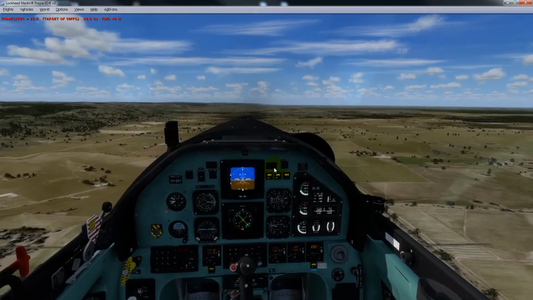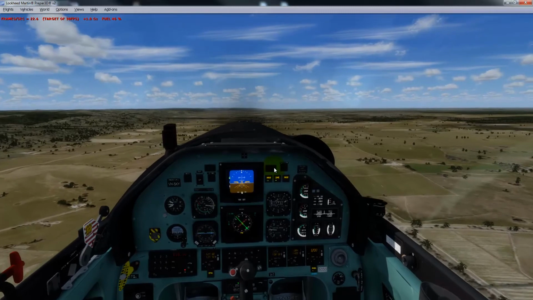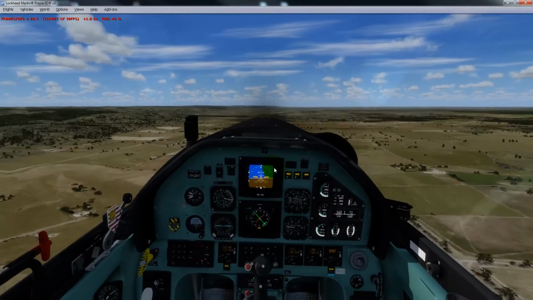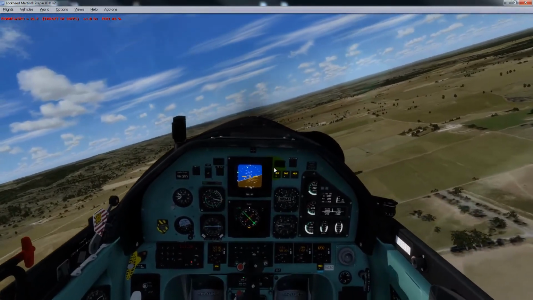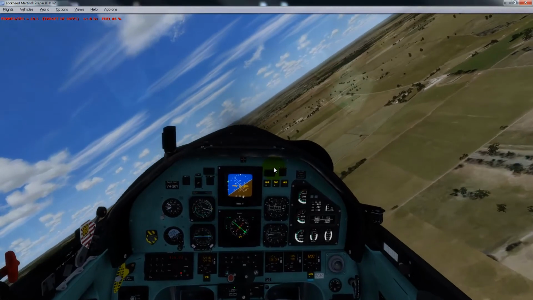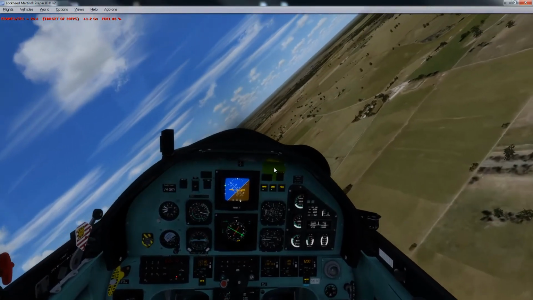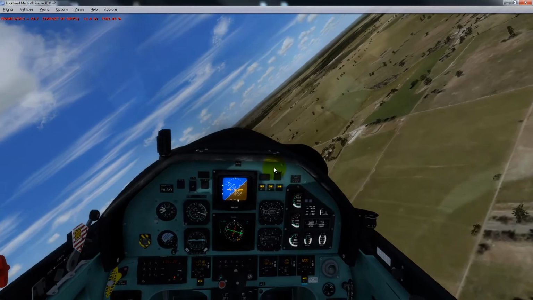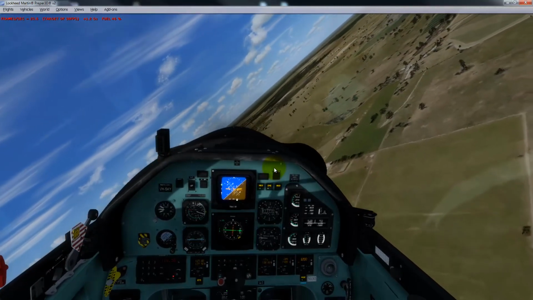So we're at 1,200 feet again, and we start our turn back around, trying to keep it coordinated as best we can.